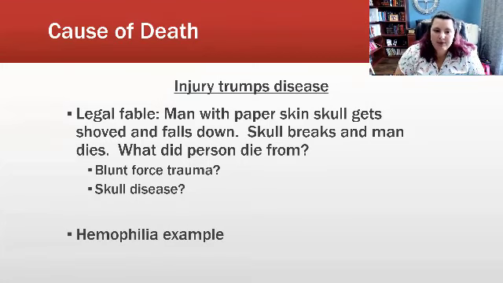So when a forensic pathologist is asked to identify cause of death, what did the person die from? The blunt force trauma of being pushed down or the skull disease? In this case, we would say that he died from blunt force trauma that was exacerbated by the skull disease. But the blunt force trauma is the primary event that started the chain to death.